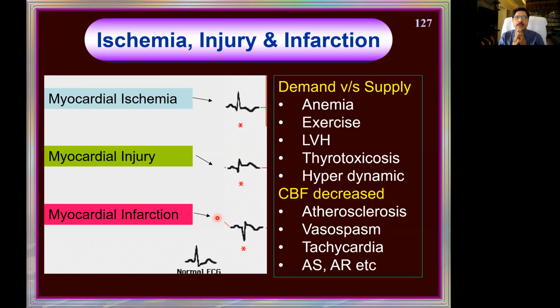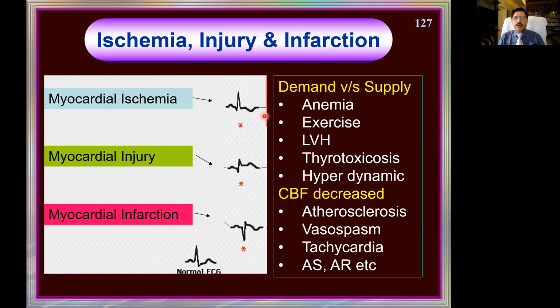So we see here three entities. One is called ischemia, the other is called injury, the other is called infarction. You have to understand these terms very clearly. Ischemia, injury, and infarction. In ischemia, there is no tissue injury, there is no tissue death, only relative blood supply is lacking and it is crying for help.